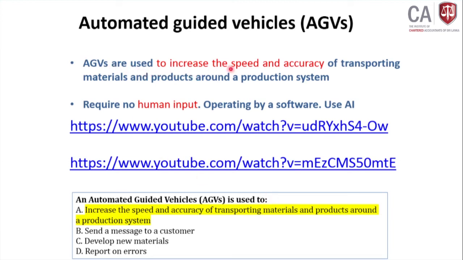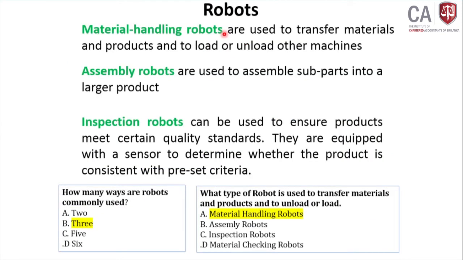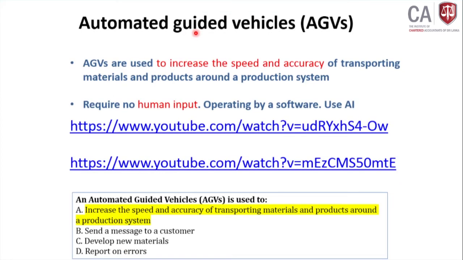AGVs are used to increase the speed and accuracy of transporting materials and product around a production system. So automated guided vehicles are what? Material handling robots. We can name them as material handling robots. So it requires no human inputs. Here you can see the question: an automated guided vehicle is used to increase the speed and accuracy of transporting material and product around a production system.